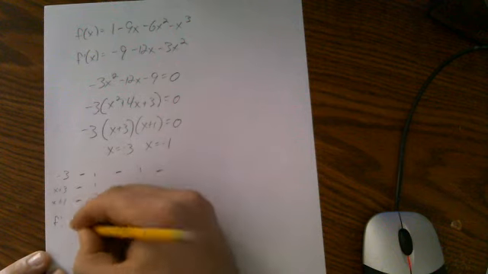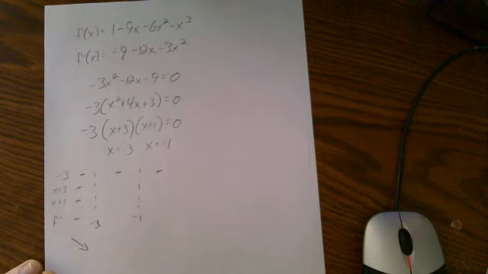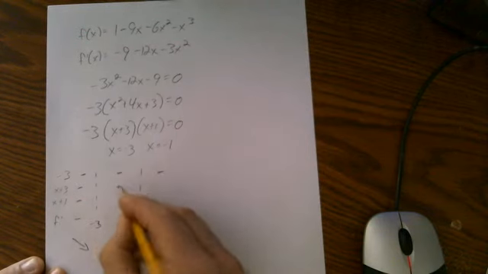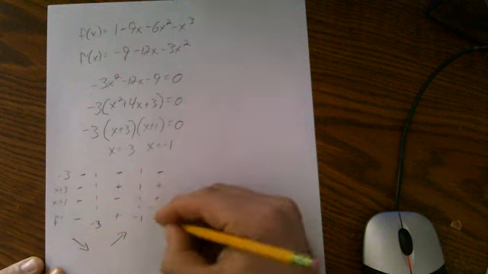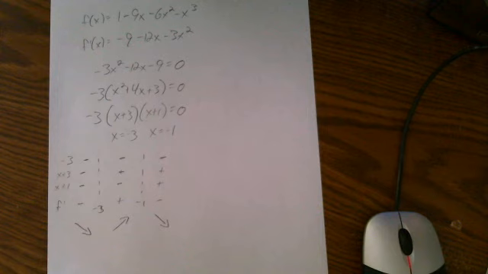Plug in negative 4, and this would yield a negative sign there. Let's plug in negative 2 here: positive, negative. Multiply these together, you get a positive number. Let's plug in 0: positive, positive, giving you a negative sign of the first derivative. So my rise and fall pattern is as follows.